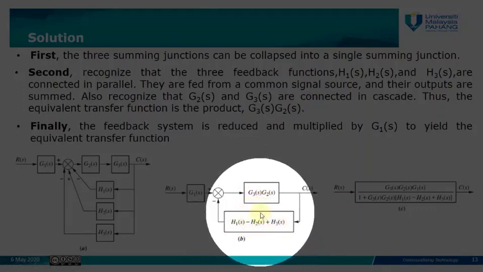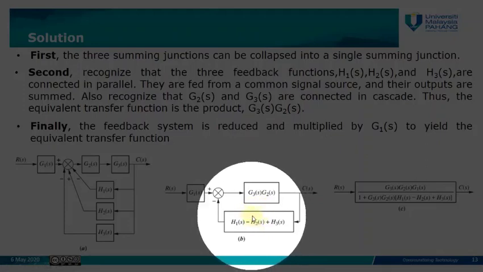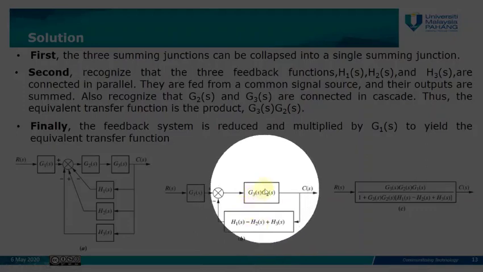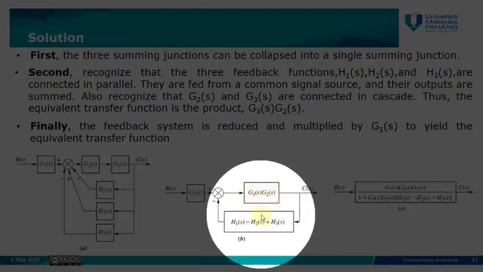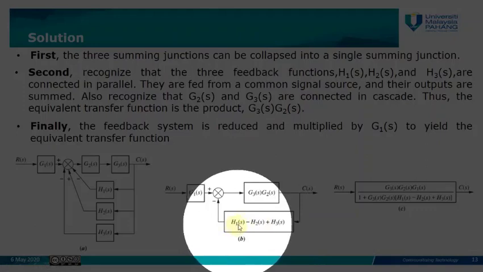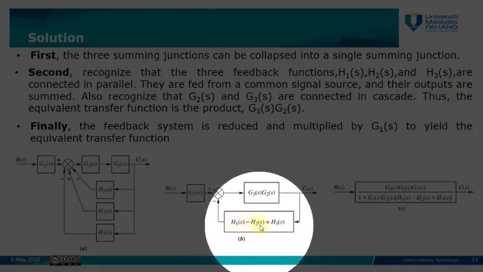So this feedback system can be simplified into a single block, which represents G(s) over 1 plus G(s)H(s), or if we substitute the value of G(s), it will be G3 G2 over 1 plus G3 G2 times H1 minus H2 plus H3.